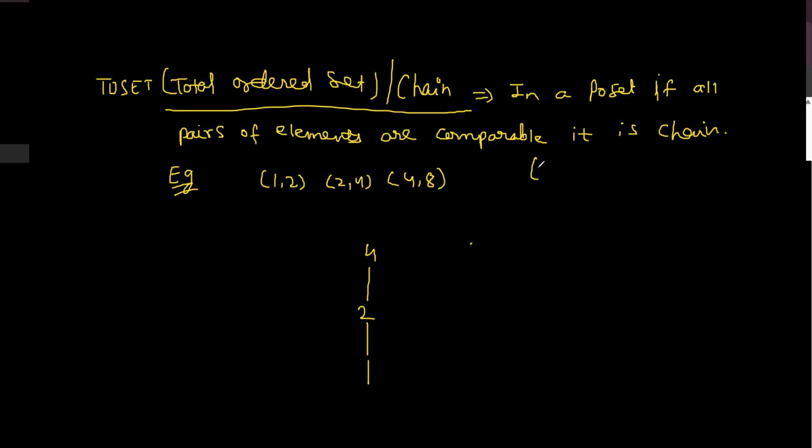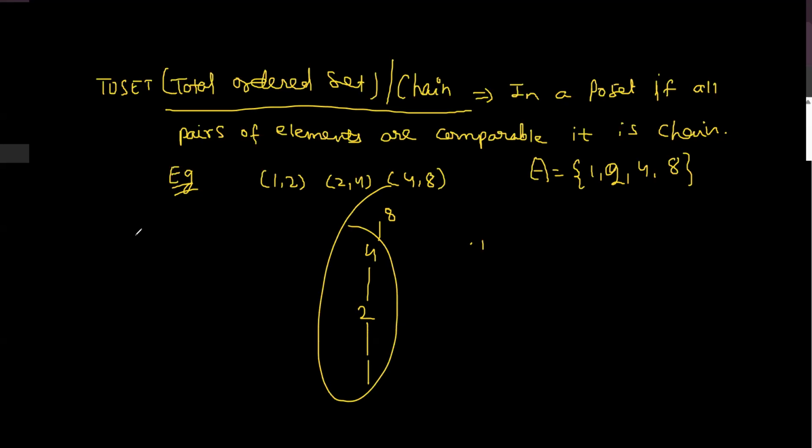Let's suppose the set is 1, 2, 4, 8. 1 divides 2, 2 divides 4. Indirectly, 1 is dividing 4 and 8 also. 2 is dividing 4 and 8 also. It never goes downside.